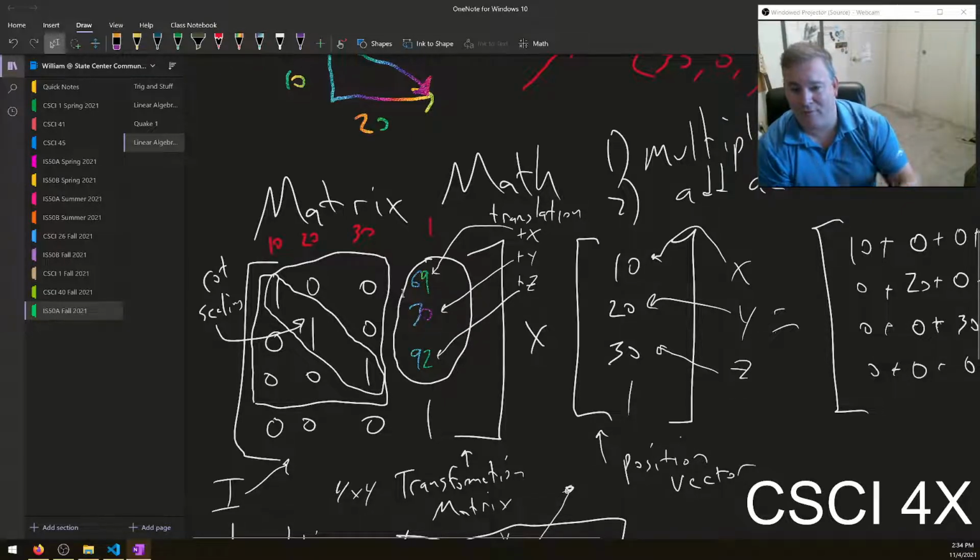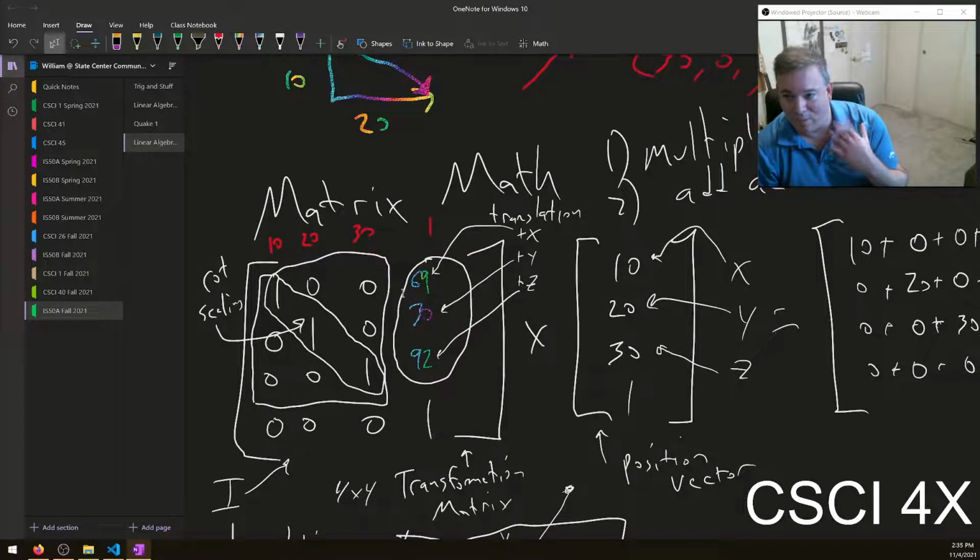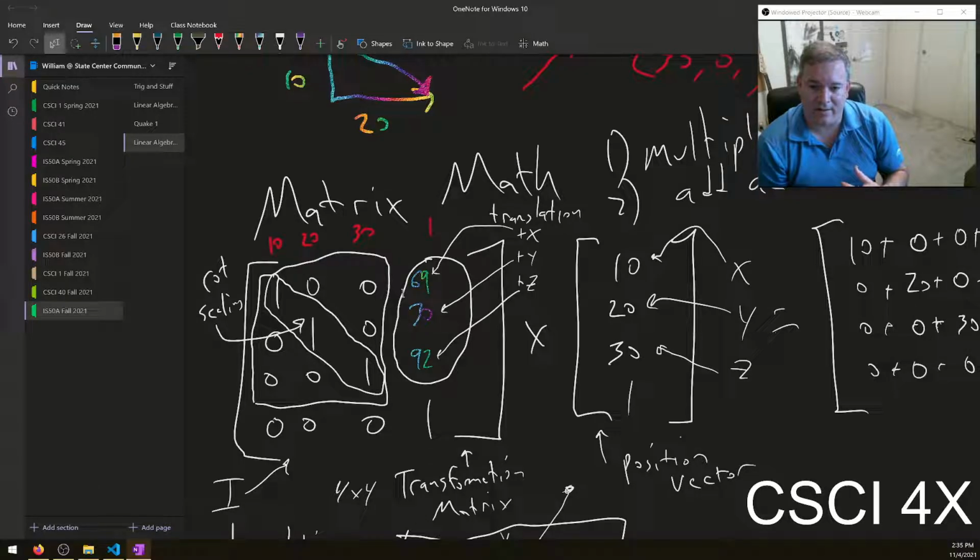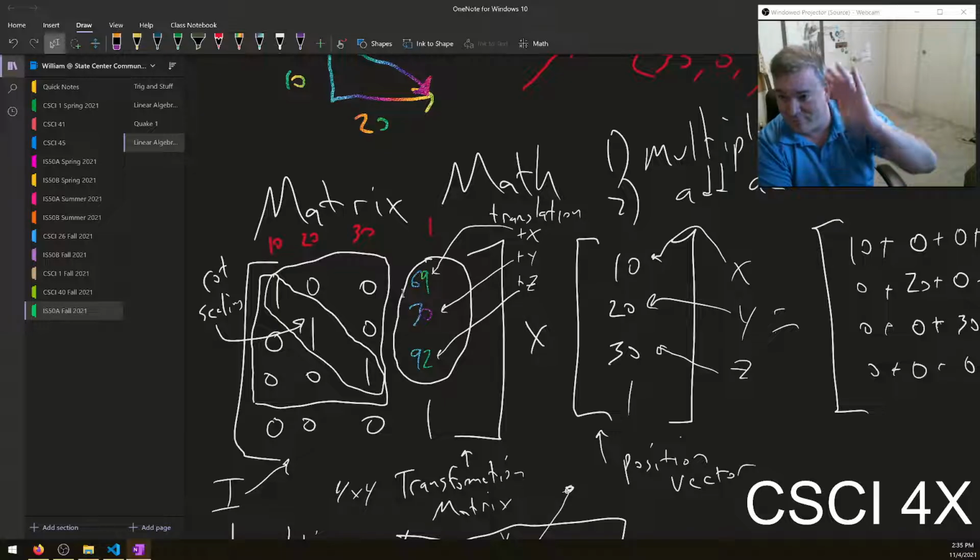So rather than doing all those multiplies and adds, it can do one operation for an entire row, and it greatly accelerates this. It's like 4 to 16 times faster, I think, for specifically this operation. Why 4? Because 3D graphics have a 4x4 matrix, and so the design of the CPU followed the math that you're learning today.